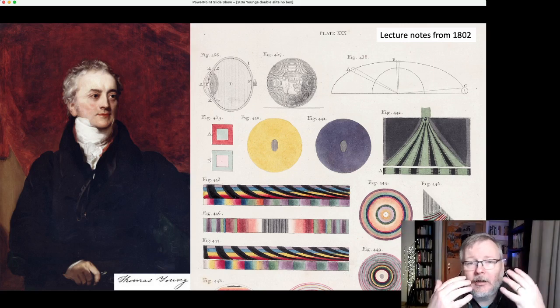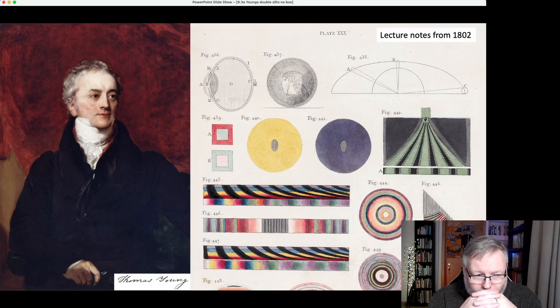He was a competitor to Champollion, the Frenchman who in the end used the Rosetta Stone to decipher Egyptian hieroglyphics, but Young made great strides in that area as well. But he's perhaps best known for his work on light.